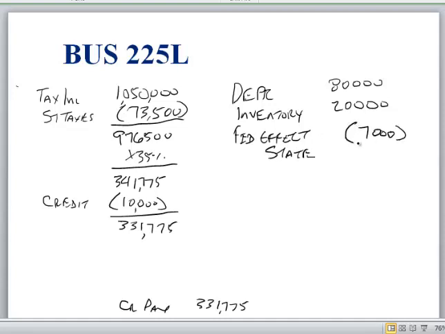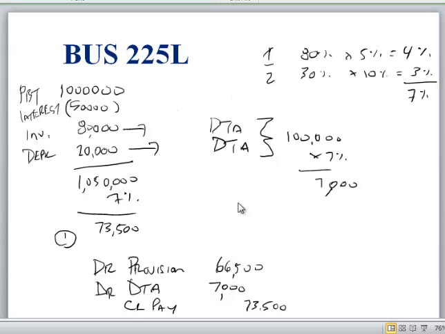In the future, when we save 7,000 of state tax, we're not going to get 7,000 of federal deductions for state tax. The way I think of it is, ultimately, the way the provision ought to work is we're going to get to deduct our state provision of 66.5. We already deducted 73.5, so we have 7,000 going to come back the other way someday. That's the way to think of it.